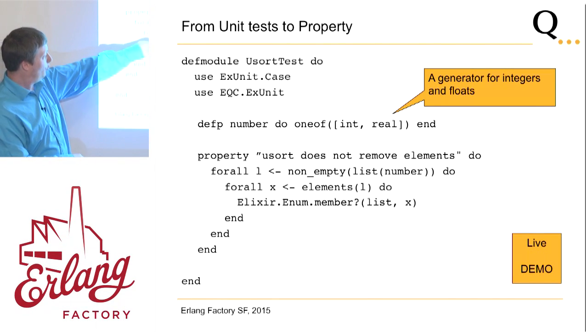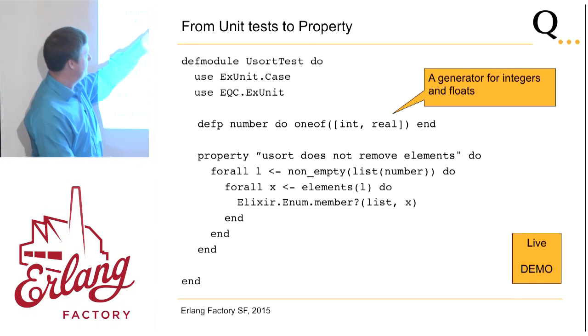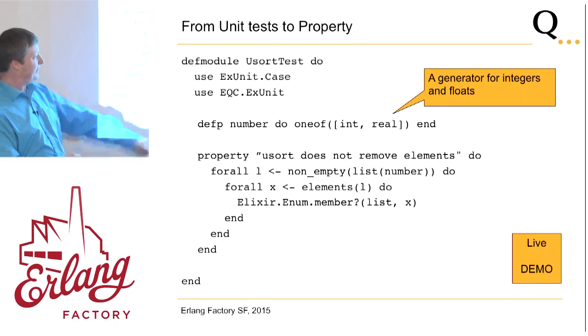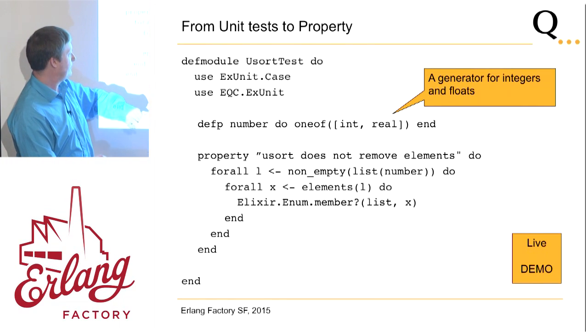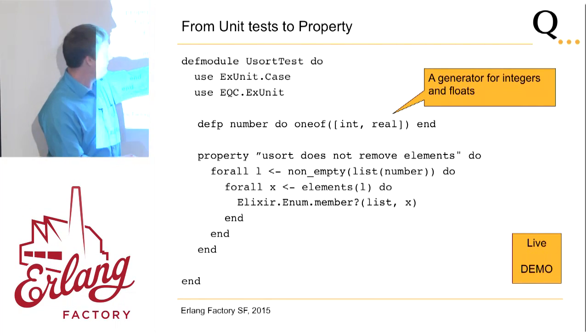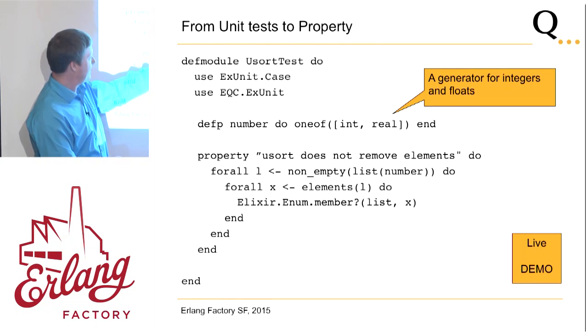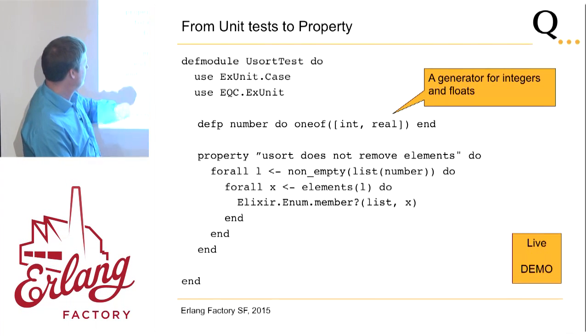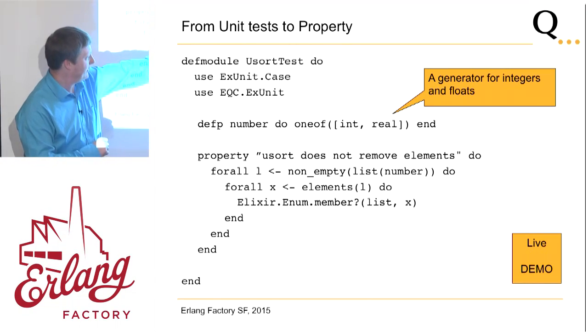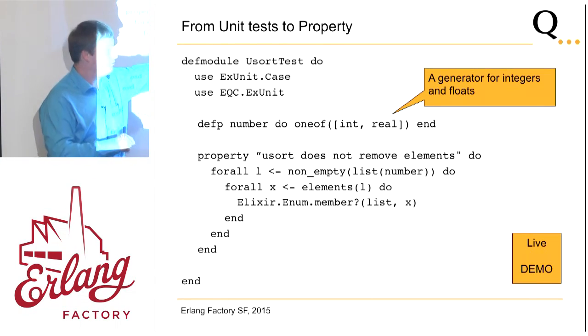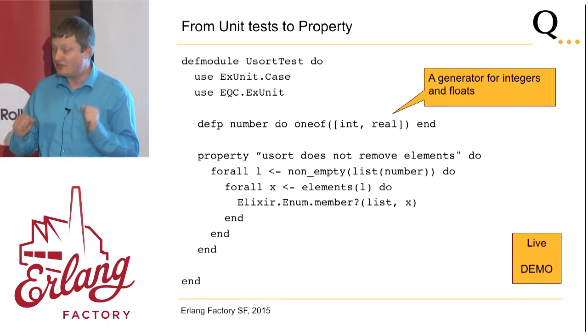And then you say for all the x in this list that you generate, it should better be the case that, oh sorry, I have to usort this, of course, that if I usort the list, then this x should still be in the list. I don't know where list comes from. I will show you the real code later on. But I use the enum member function to test that it's actually there. So this should better be true.